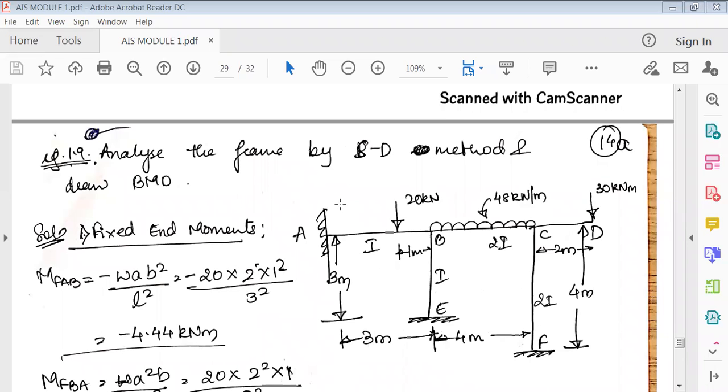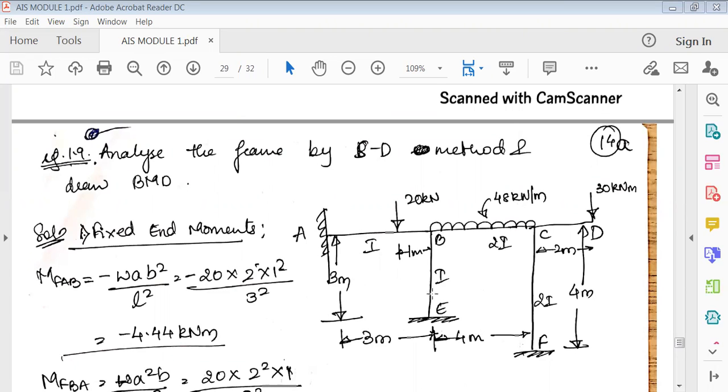End A is fixed, so even if I apply any load here, it will not move. Because this end is fixed, it will not allow the lateral or horizontal movement of the complete frame. So I'll term it a non-sway frame, which will not move because of this fixed support.